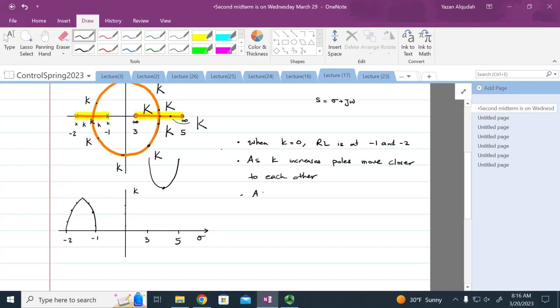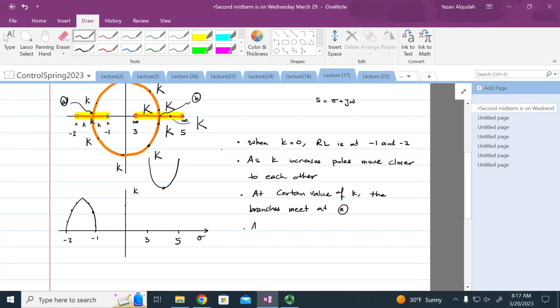At a certain point, or a certain value of k, the branches will meet. And we're going to call that point A. So this point here, I'm going to add a point here, that is A. And let's add another point here, that is B. A and B.